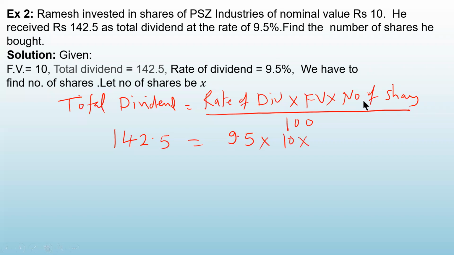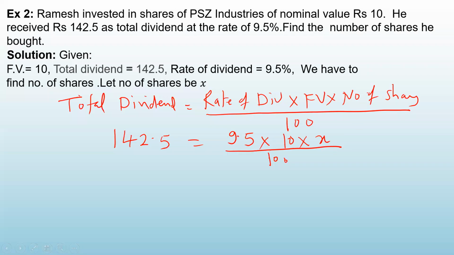Into number of shares, you have to calculate. Find the number of shares, and that you have denoted by X. Let the number of shares be X. So in place of number of shares, write down X, divided by 100. Okay. So the very first thing is to write down the formula. The second step is to put the values in the formula, whatever is given to you. Whatever is asked, you call it X. So number of shares, you call it X. So in place of that, we will write down X.